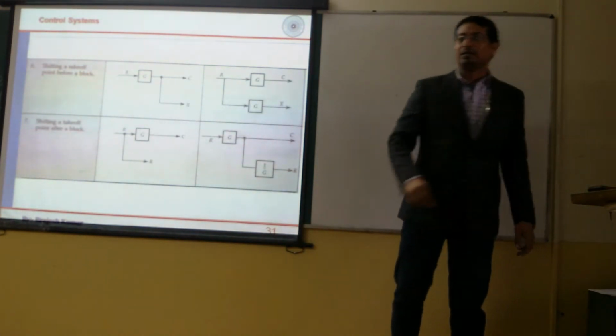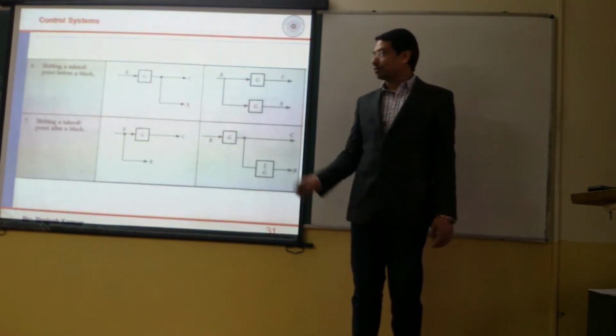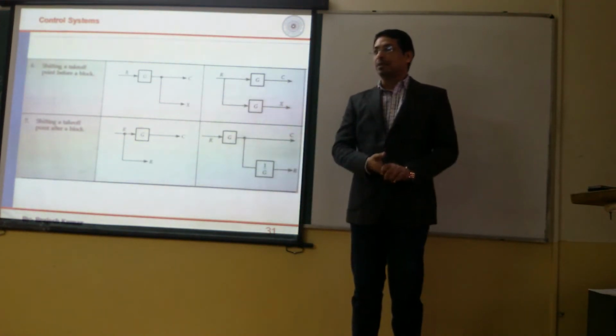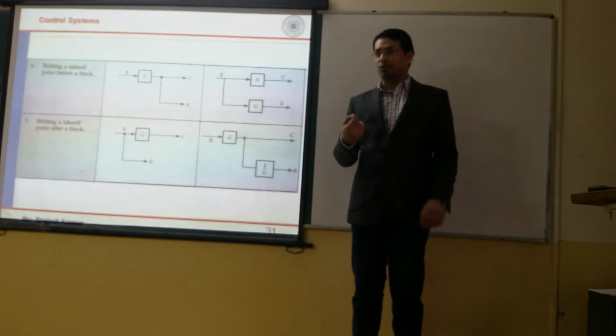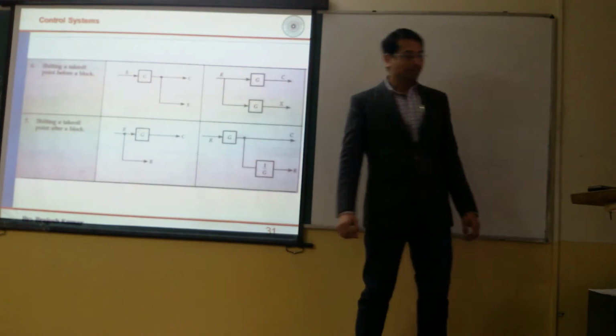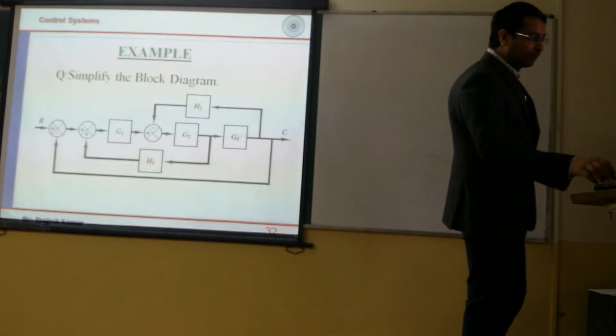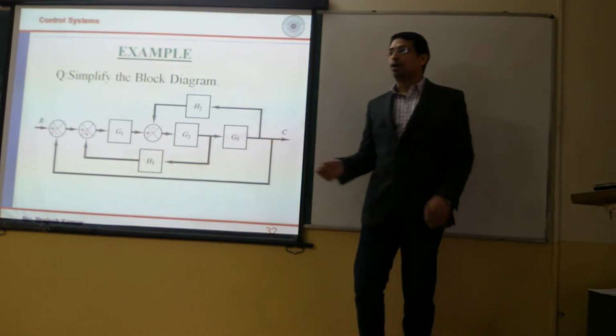I hardly remember anything while solving the problem, so you have to just analyze. Just look at this at home twice and try to solve the problem without referring to this. Okay. So let us take one question. Simplify the given block diagram.